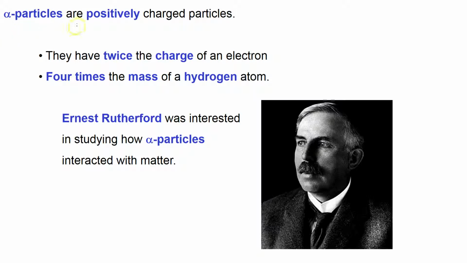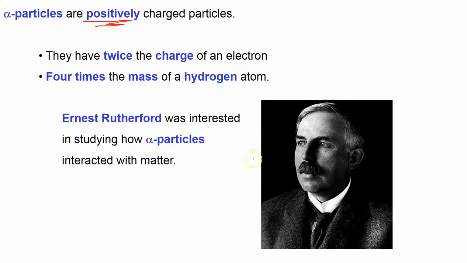Alpha particles are positively charged, and they have twice the charge of an electron, so 2 times 1.6 x 10^-19 coulombs. But they're heavy. In fact, they are 4 times the mass of a hydrogen atom.